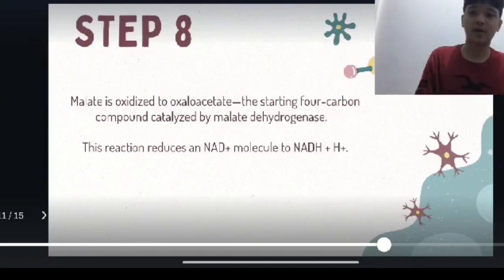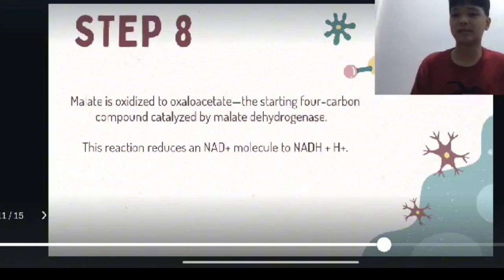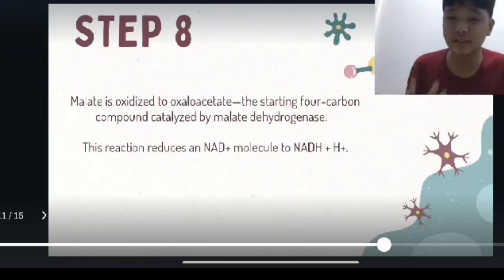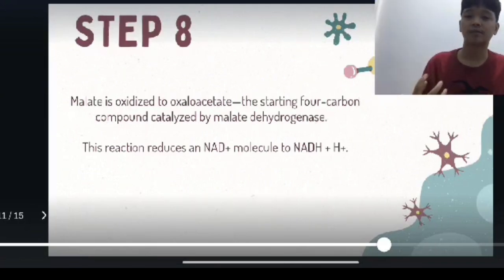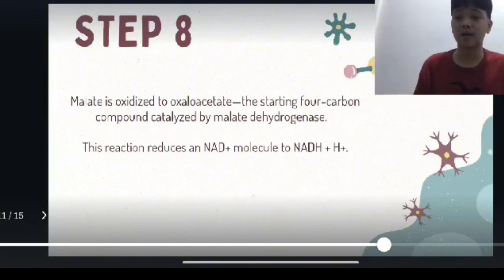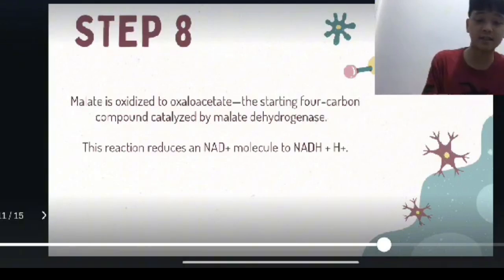Remember, oxaloacetate is the first acceptor of acetyl-CoA. We are regenerating it. This is the starting 4-carbon compound, catalyzed by malate dehydrogenase. Since it is oxidized, NAD plus is waiting to get that electron again, forming NADH and H plus. So that will be our step 8.